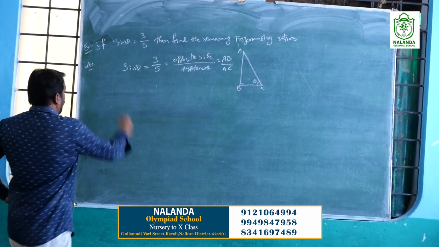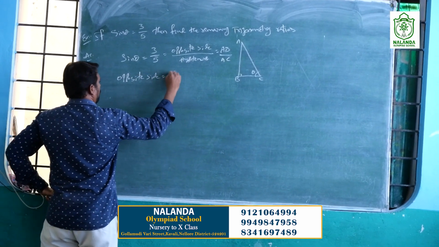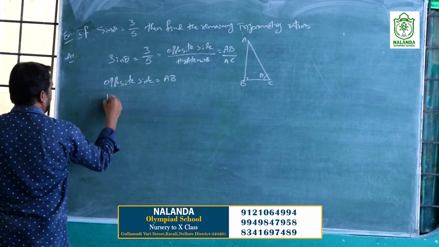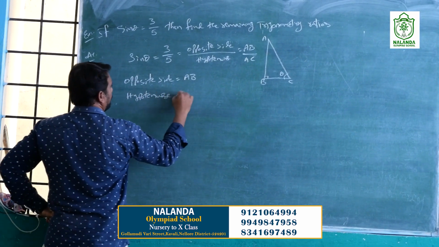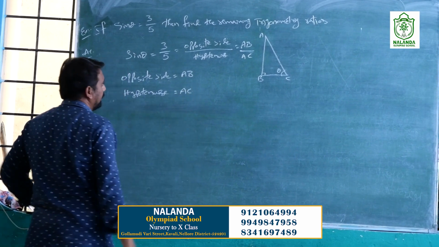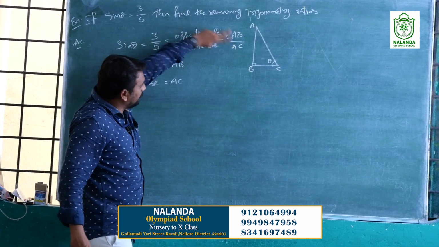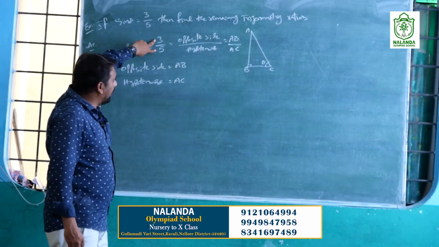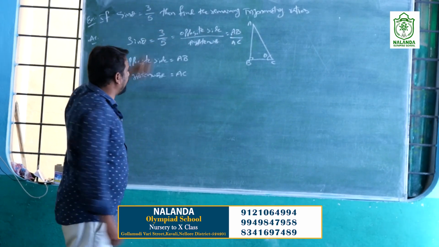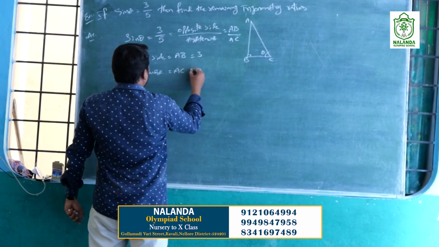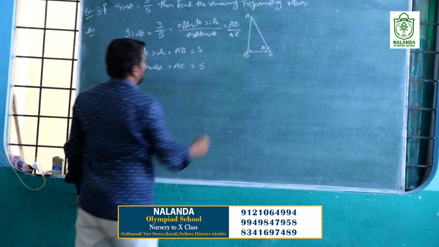When the opposite side is AB and the hypotenuse is AC, so what is the value? When we compare this with 3 by 5, the opposite side AB is compared with the numerator, that is 3, and the denominator, the hypotenuse AC, will be equal to 5.